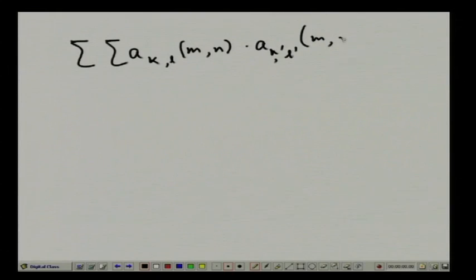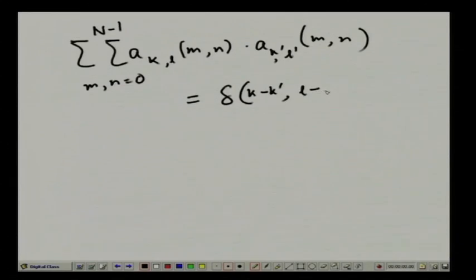The orthogonality property says that for this matrix A, if I take the summation of A k L m n into A star k dash L dash m n for m, n equal to 0 to capital N minus 1, this will be equal to a Kronecker delta function of k minus k dash and L minus L dash.